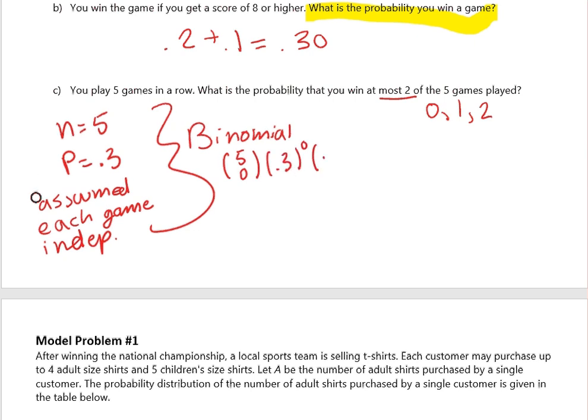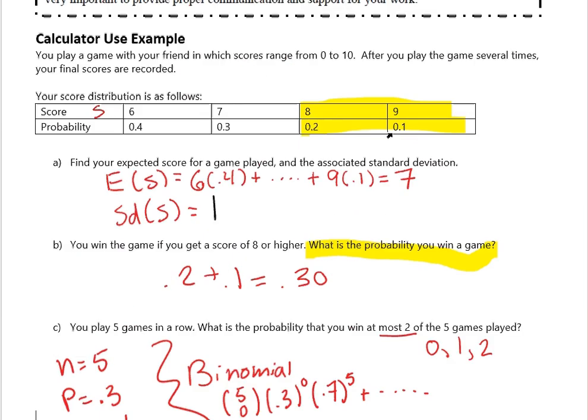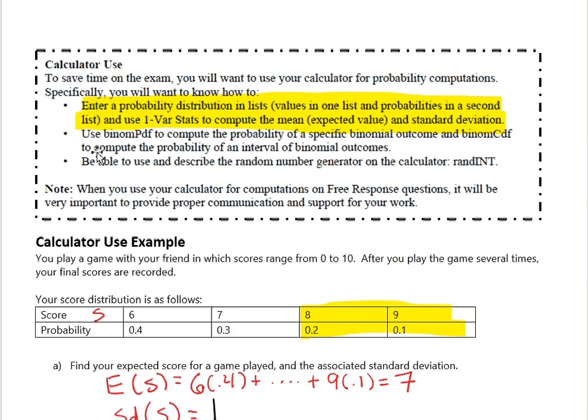Now, we can actually do this in the calculator, so I'm going to show you how and remind you how to do that. So, if we would like to do a range of numbers, use a binomial PDF if you want one specific binomial outcome, and a binomial CDF if you want to compute a probability of an interval. So let's go back to our Inspire. I don't need to open a new document in this situation.